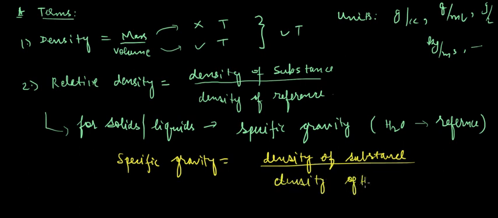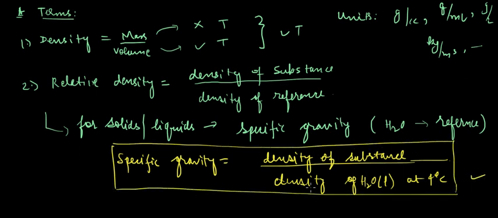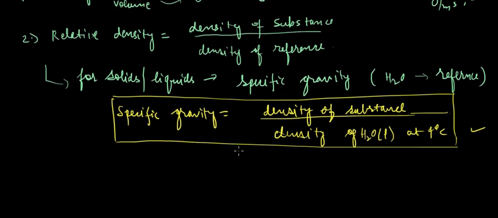Density of H2O(L) at 4 degrees Celsius. So this is specific gravity which we define for solids and liquids, where we use water at 4 degrees Celsius as the reference.